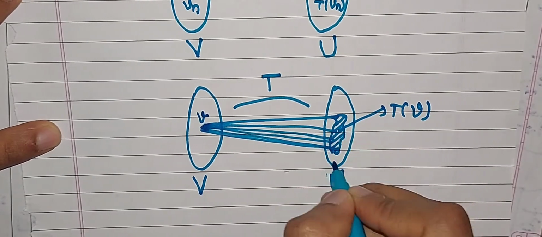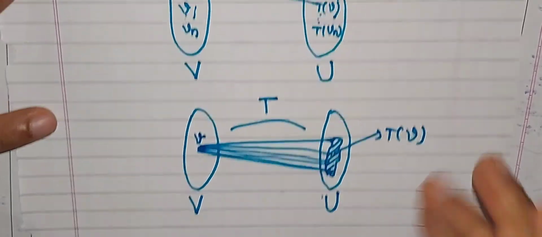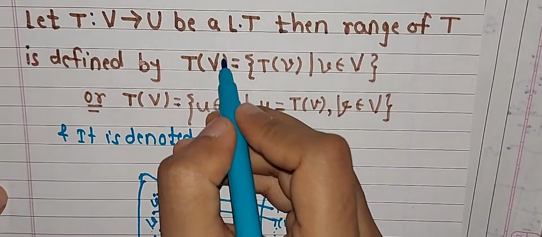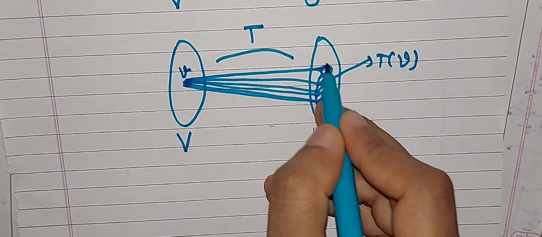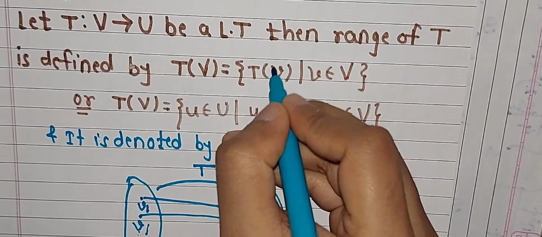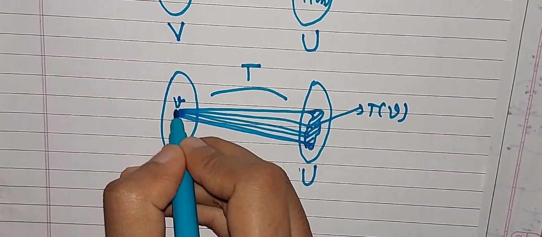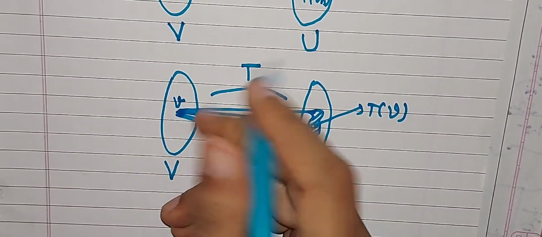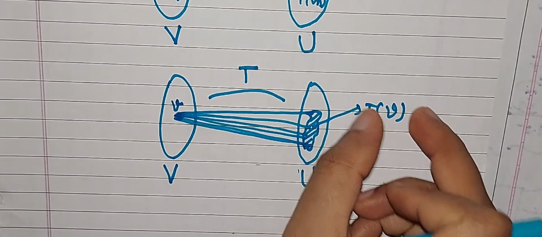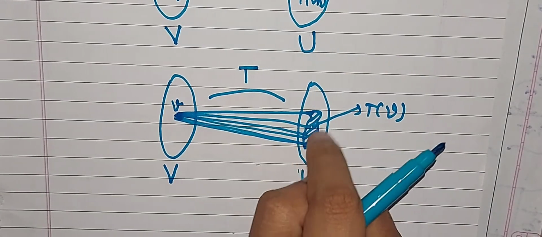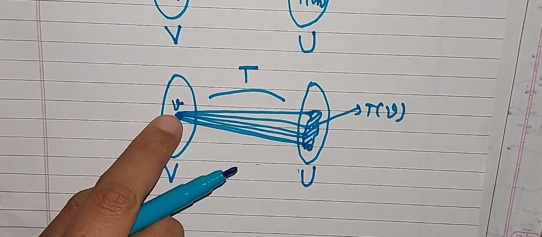So this is the image set, and if we call this set T of V, then now observe our definition: the range of T means the collection of all the images, and this small v belongs to, of course, capital V, the domain. When we take its images, then T of V is the collection that is the range of T, and this T of V comes from the domain, because V is from our domain.